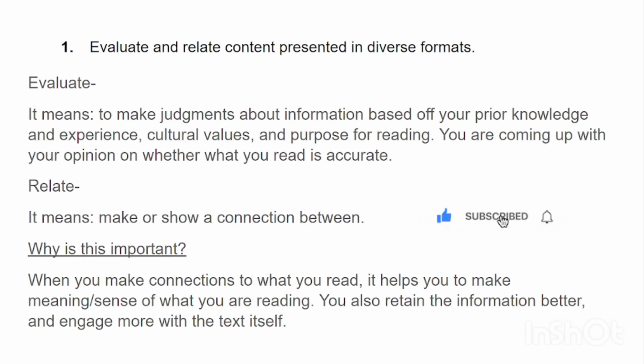Because remember, the job of the author is to have you read whatever they wrote. So in the FTCE GK reading exam, you have different passages. You want to understand what each of those passages is saying to you, right? So the first competency is they want you to make judgments and come up with your own opinion on whether what you read is accurate, and you're also relating it.